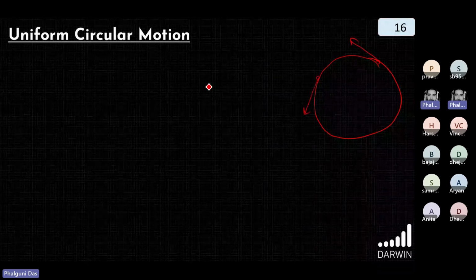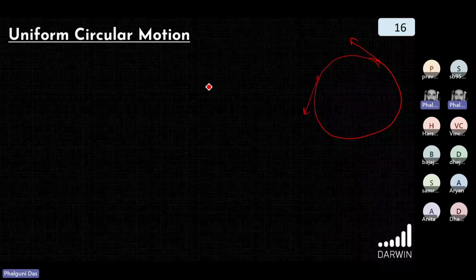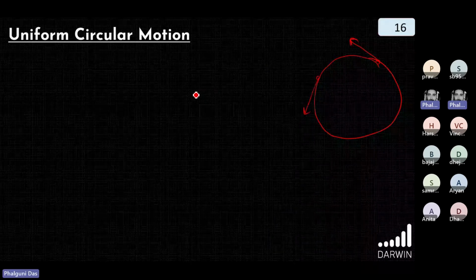So what I'm trying to say is, even though the object is moving with constant speed, as it moves, the direction of the velocity changes. Here it was in this direction, here it is in this direction. And acceleration is associated with the change in velocity, not with change in speed. Velocity is a vector quantity, so it has an associated direction as well.